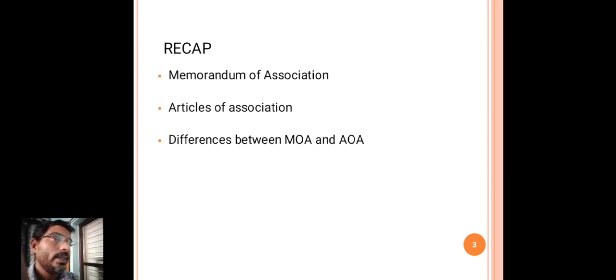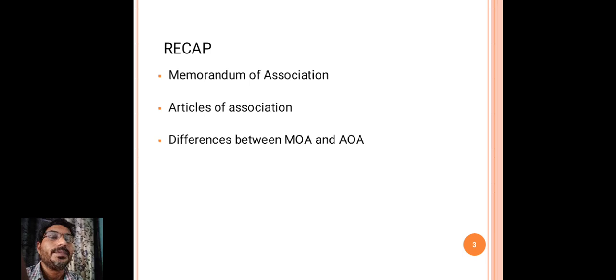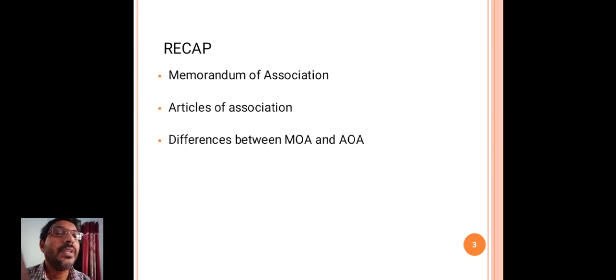And the situation clause defines the registered office of the company. And in the objects clause of a memorandum of association, all the objectives of the company should be written.